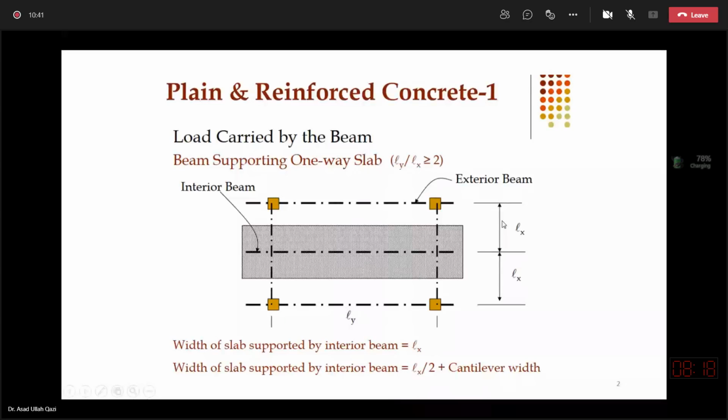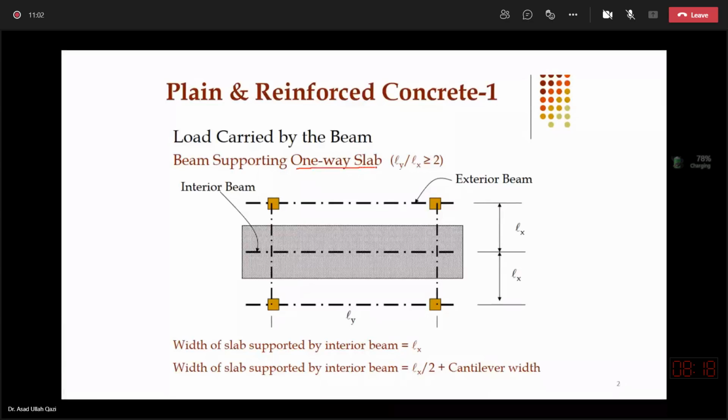If I divide longer with shorter dimension and my answer comes out to be equal to or greater than 2, then this slab will be a one-way slab.